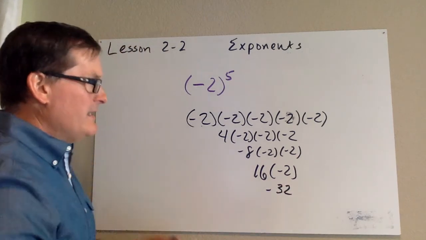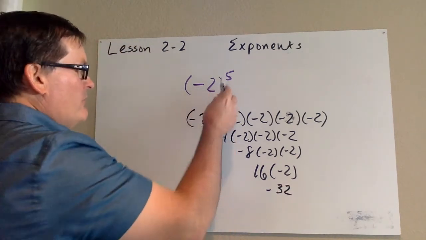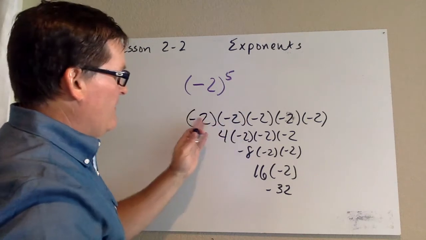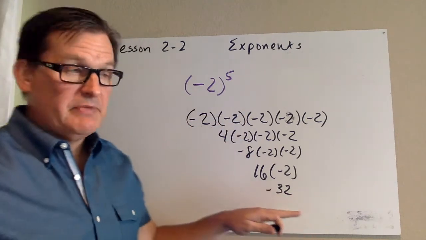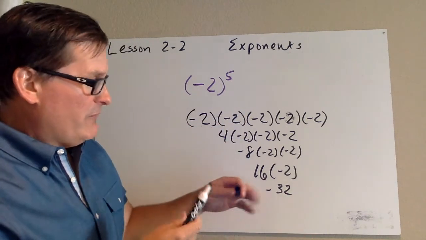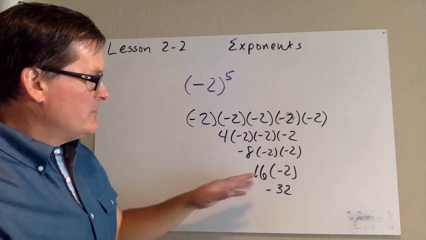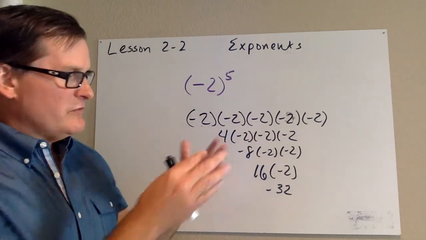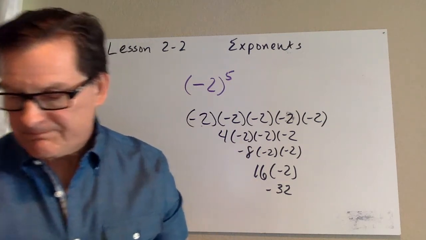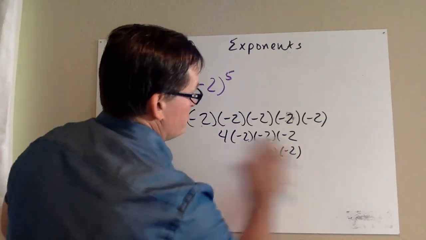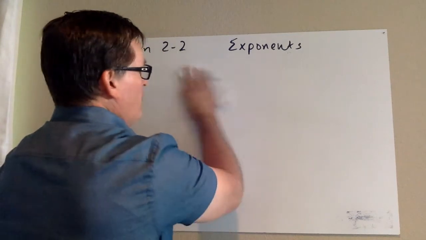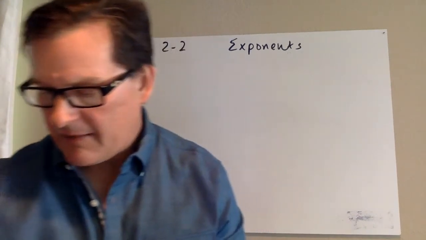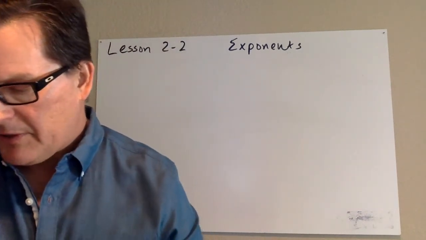So it ends up being a -32. We multiplied a negative 5 times, so it makes sense that it ends up being negative if we follow the rules of signed numbers, or integers. And then 2 to the 5th power, 2 five times, is 32. Now you don't have to show your work like that or carry it out each time. A lot of times you'll be able to do these in your head.